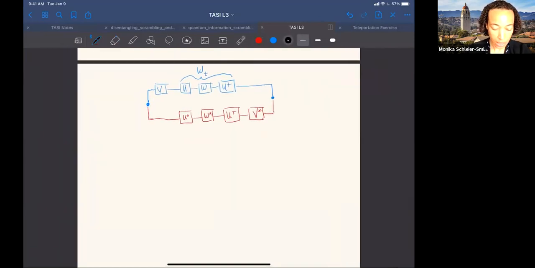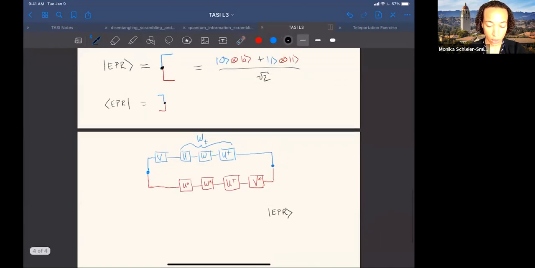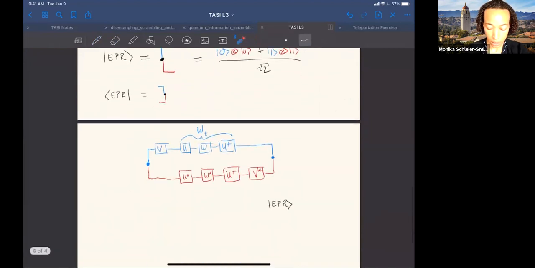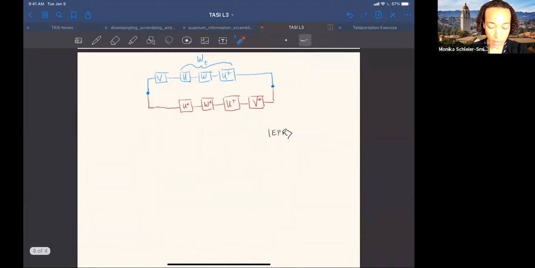So what is this? This is basically saying, and you have to read this, the initial state that I start with over here I'll write as EPR. Is everyone okay with that? We defined that a moment ago as this state if it's a single qubit, and generically this kind of state. That's two entangled copies.